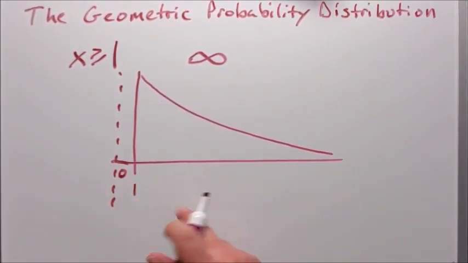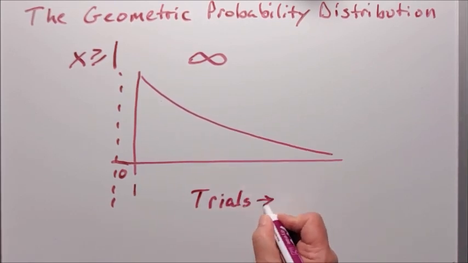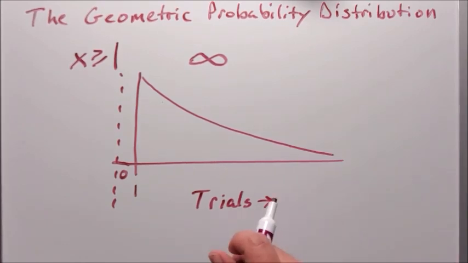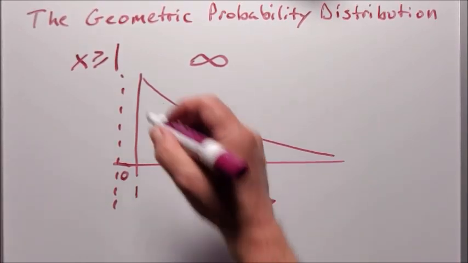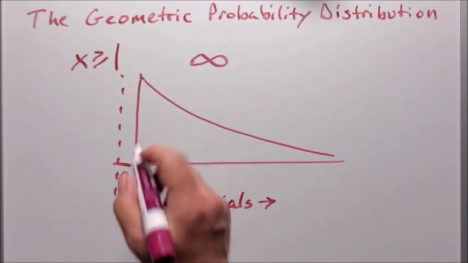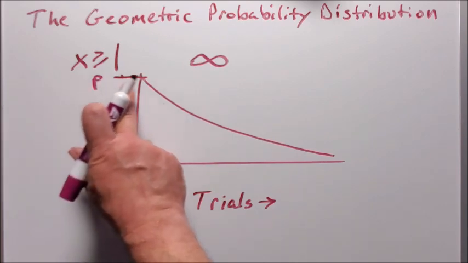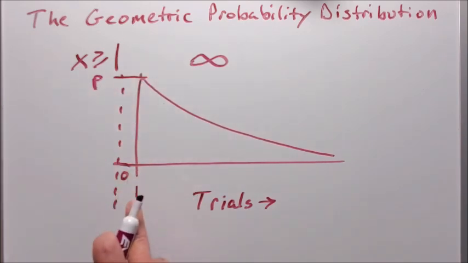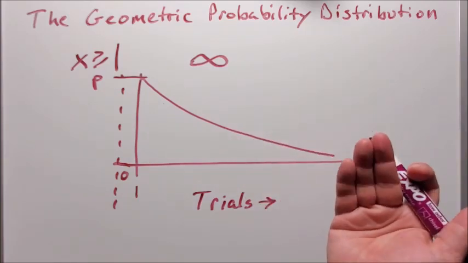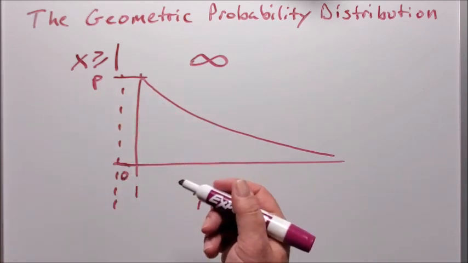So that's the number of trials on the x-axis moving to the right: 1, 2, 3, 4, 1,000, 1,000,000, and so on. The probability that there should be one trial is always p, because that's the probability of your first success. And if you have only one trial, you don't have to multiply it by anything. It's just going to be the probability of success.